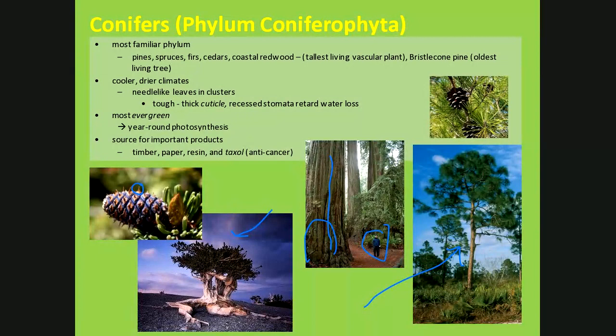So what's the advantage of having that? Well, that means that during the wintertime when all the other non-pine or non-conifers have lost their leaves, they're not photosynthesizing, right? The sap has been drained down into the tree, the leaves have fallen off, and they're waiting for spring to come before they photosynthesize. But there still is a little bit of sun in the wintertime. A little bit of sun, some days are actually sunny, right?